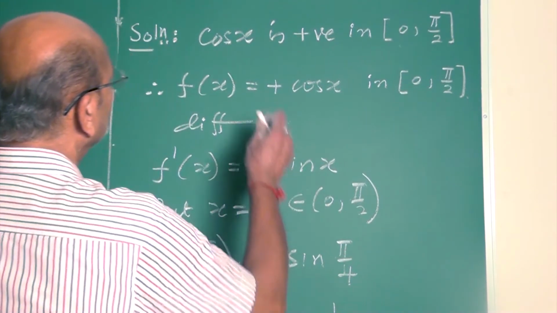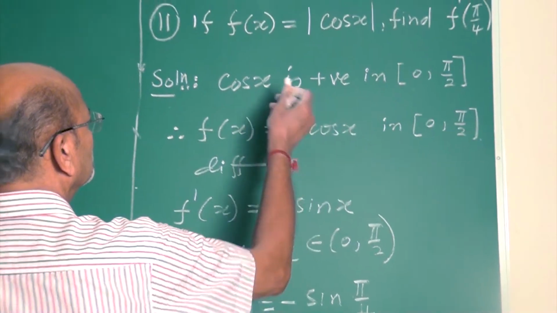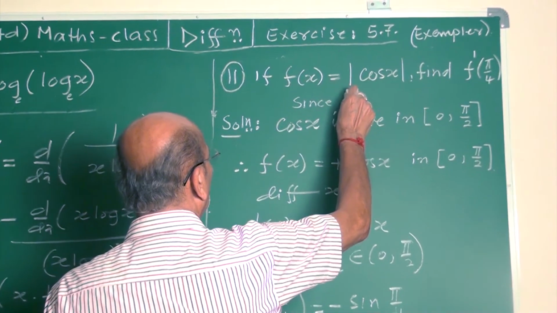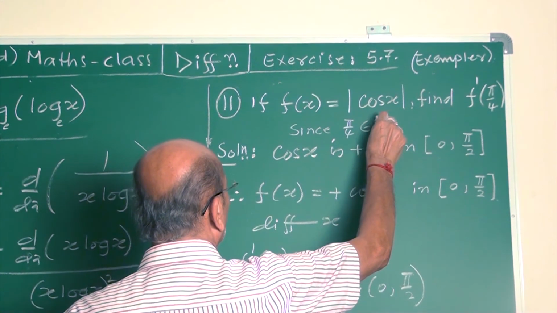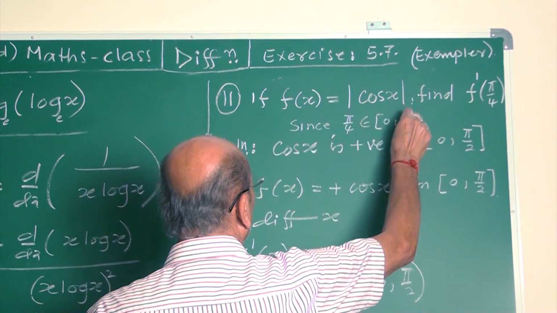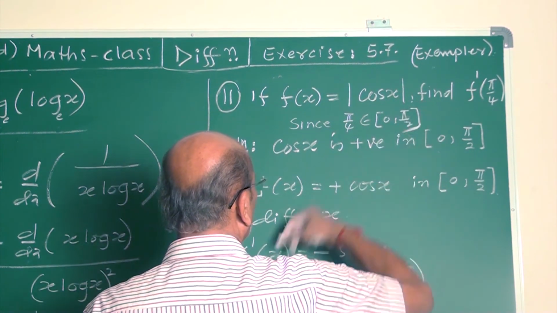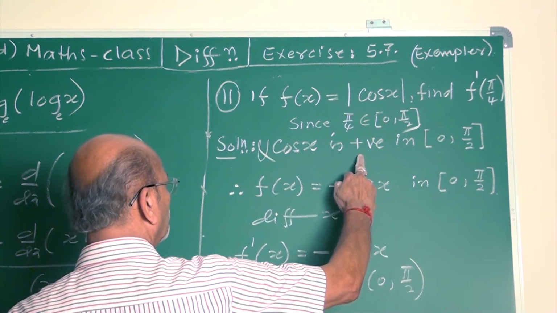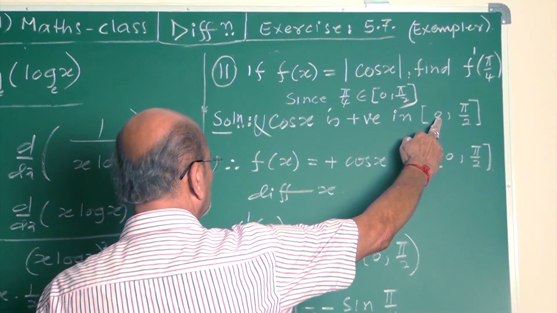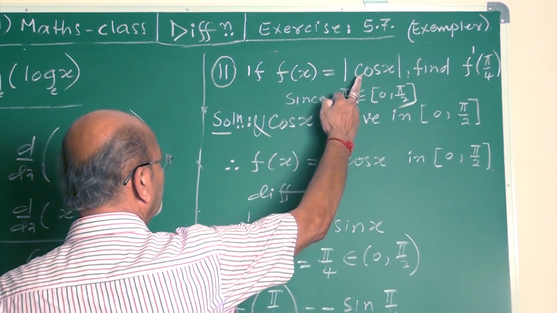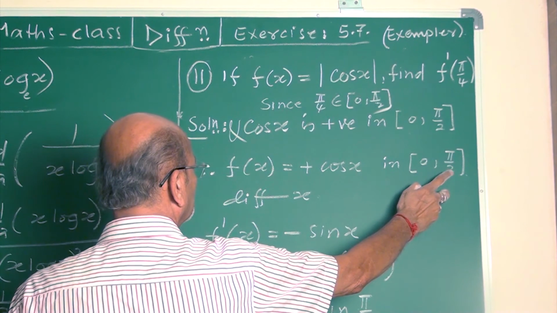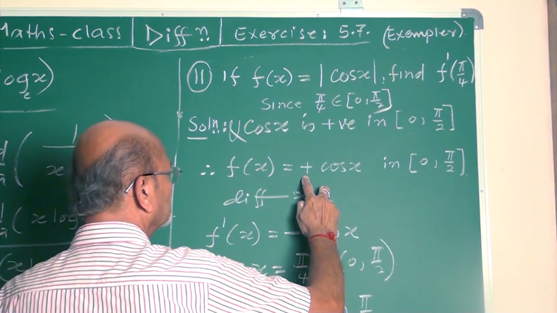Since pi by 4 belongs to 0 to pi by 2, and cos x is positive in the first quadrant, therefore f(x) equal to mod cos x in this interval becomes plus cos x.